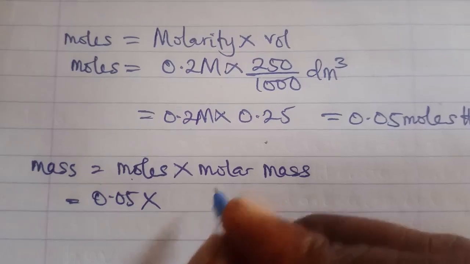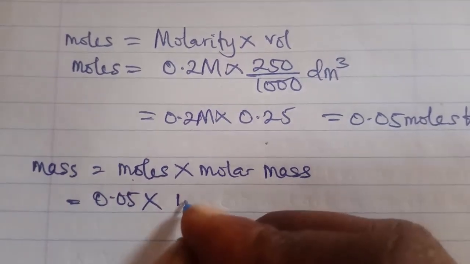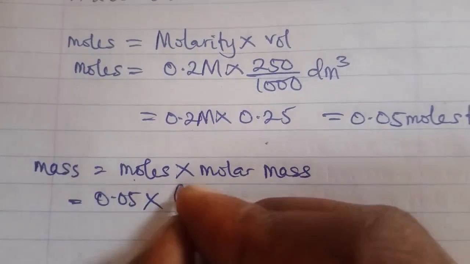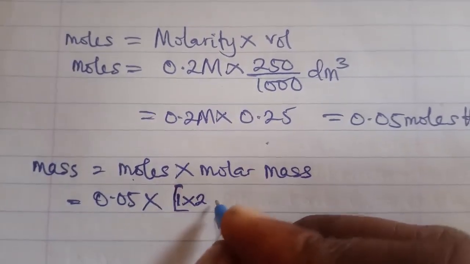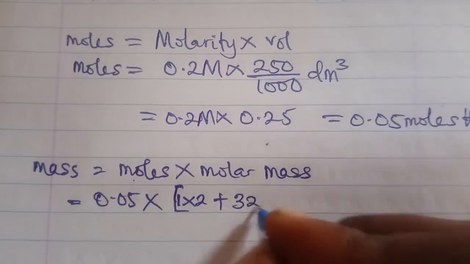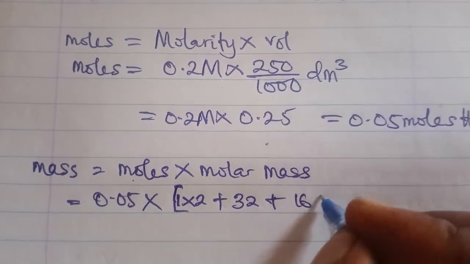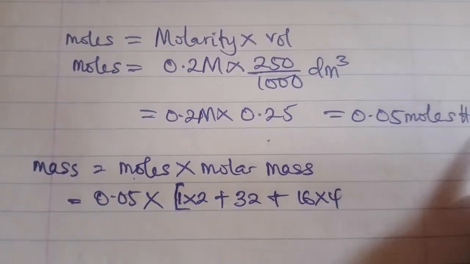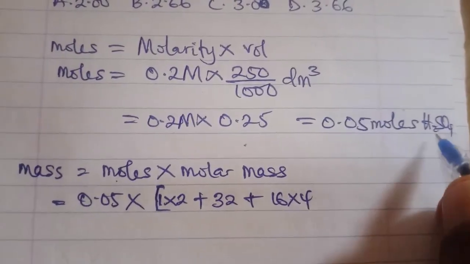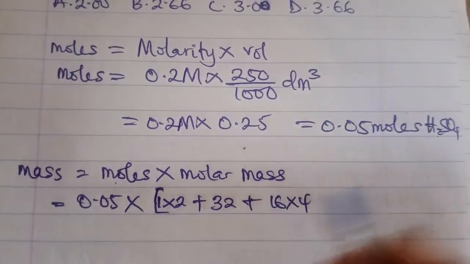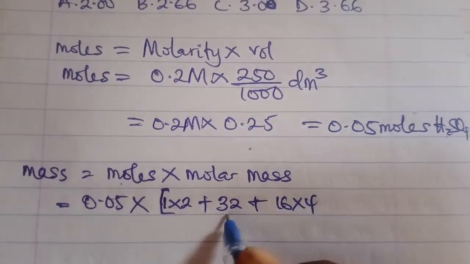Hydrogen is 1 and it is 2 in sulfuric acid, so 1 times 2. Sulfur is 1, so that's 32.